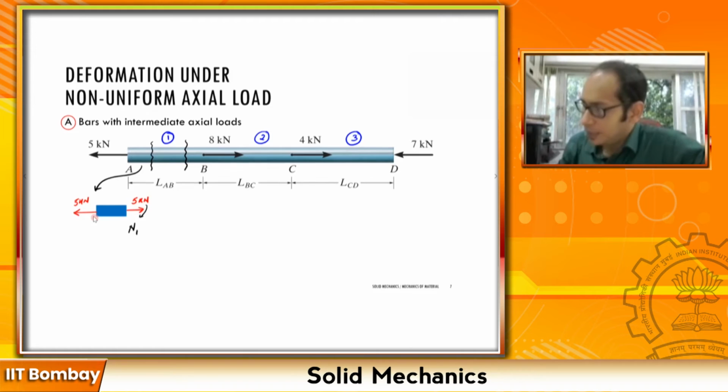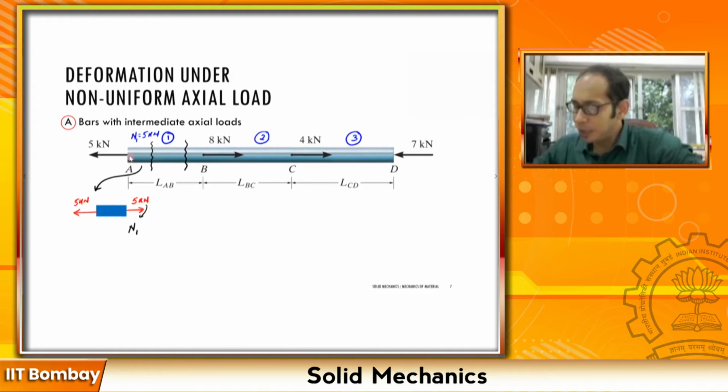So in this entire section 1, I'm going to have an N1 which is equal to 5 kilonewton, right? Okay. Now let's come back to section 2. So section 1, depending upon whether I'm taking here or at the very end, very near to B, maybe just to the left of B, I will have the same force of 5 kilonewton, right?